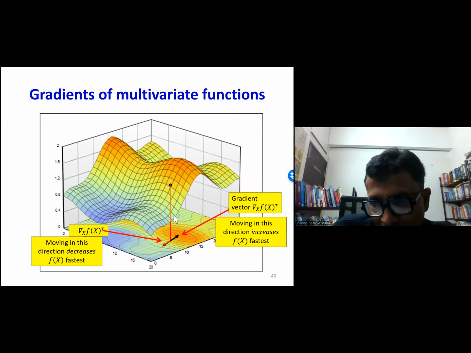Exactly opposite of the gradient, right? At any point, moving in the direction of the gradient increases the function fastest. And so you want to go as fast as possible downwards, so you move exactly opposite the gradient. This has the learning rate. We'll talk more about it in later lectures.